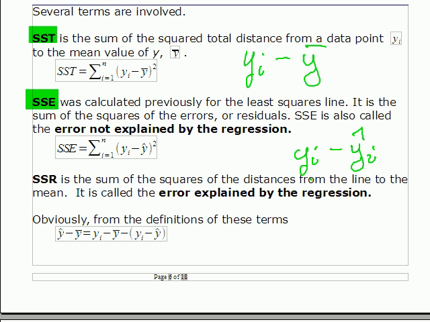Okay, this is called error not explained by regression. Now the R here, SSR, has to do with the regression, because this is called the error explained by the regression. Again, error here is in quotes. Is it wrong that something's not at the average value?